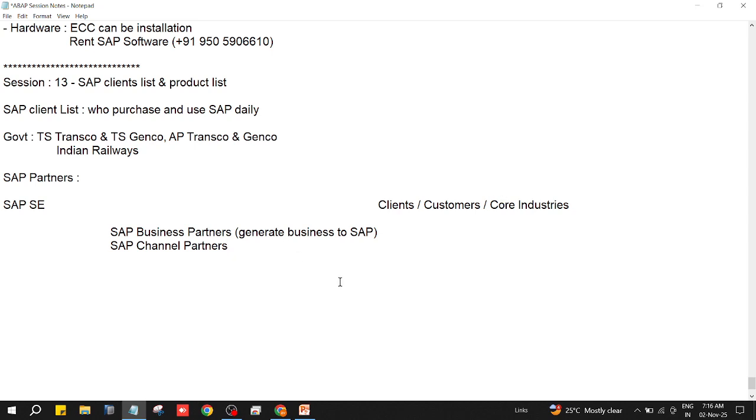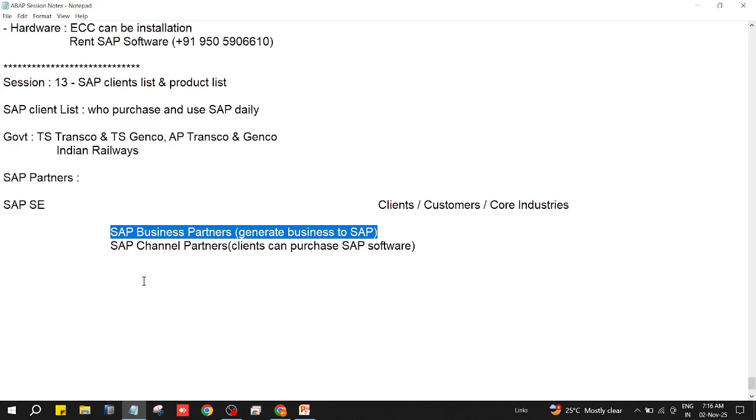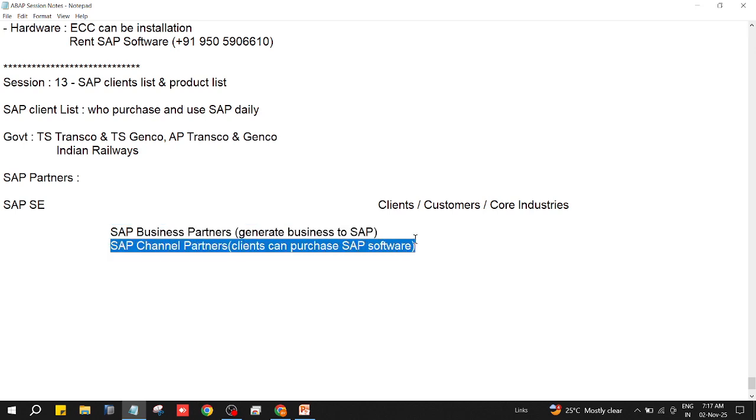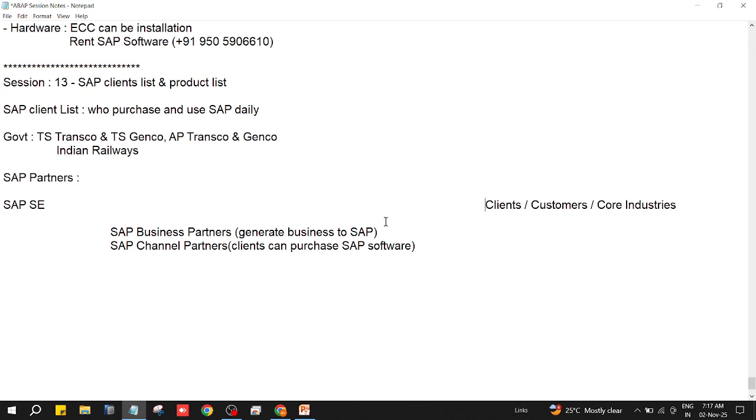Through channel partners, clients or customers can purchase SAP software. If you look at the business partners, they do marketing or explain features to customers and bring the business. This is also more or less the same: the channel partners are the channel between clients and SAP.